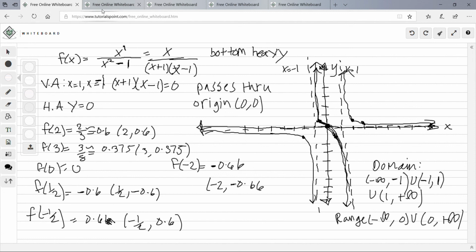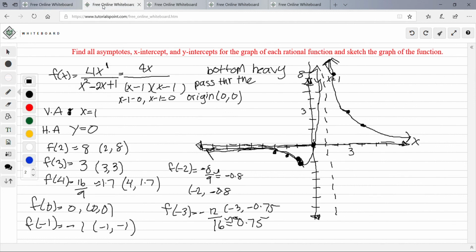Let me go back to the last problem. I didn't do the domain, so let me just do the domain really quick. The domain for this problem is going to be from negative infinity to 1, because that's our VA, our only VA, union 1 to positive infinity.